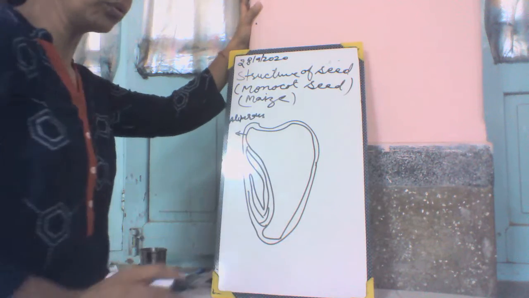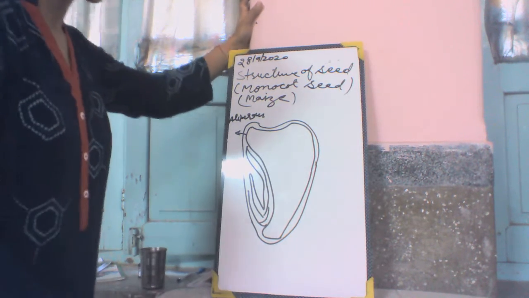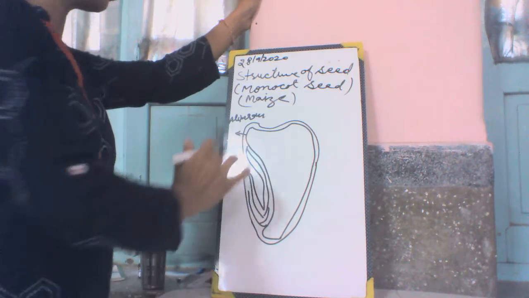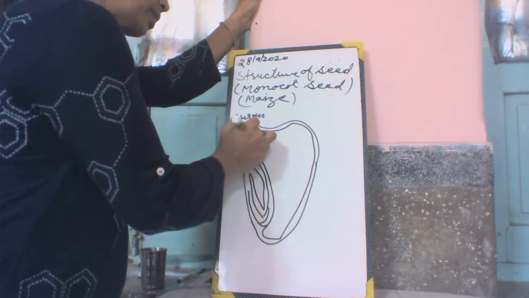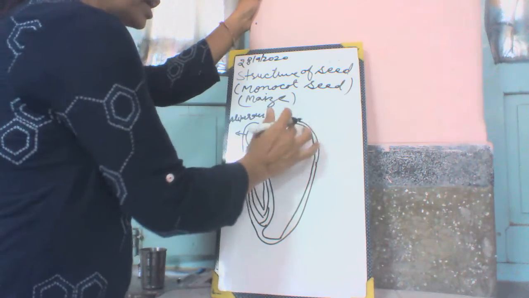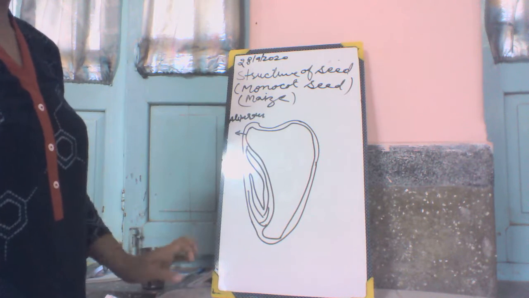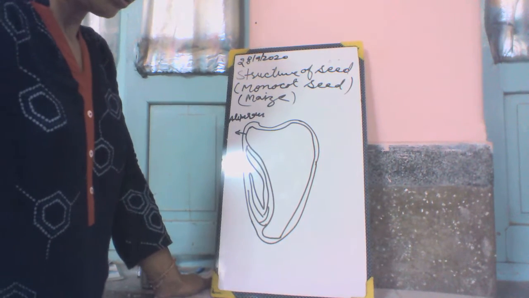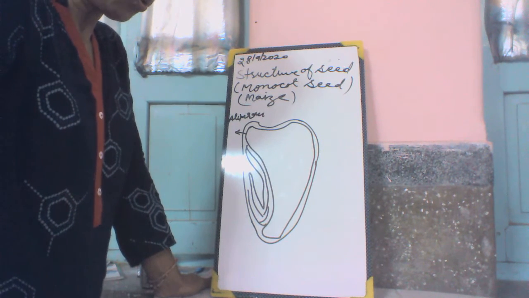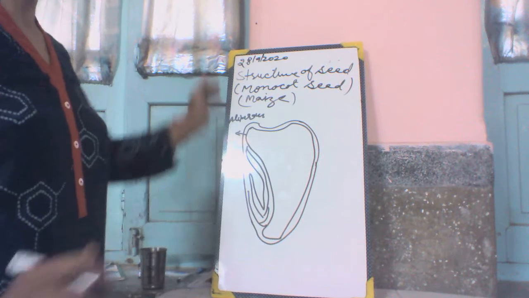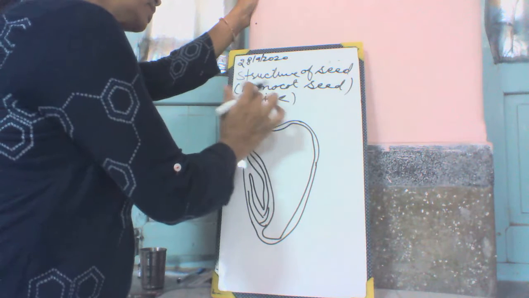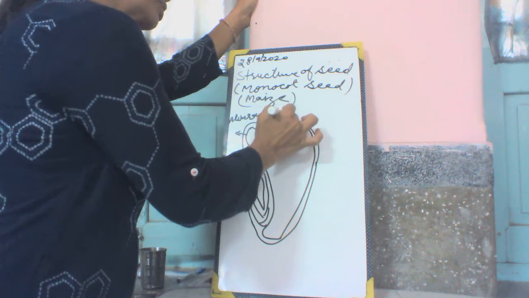This aleurone layer separates the endosperm and embryo. This is the endosperm and this is the embryo. It is called the aleurone layer, rich in protein. It contains proteins.